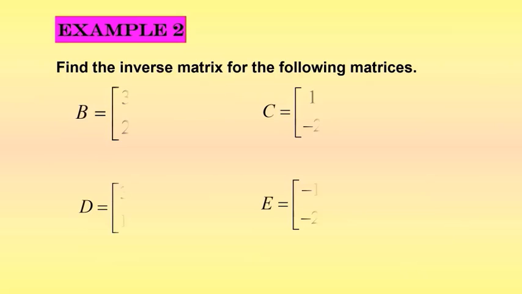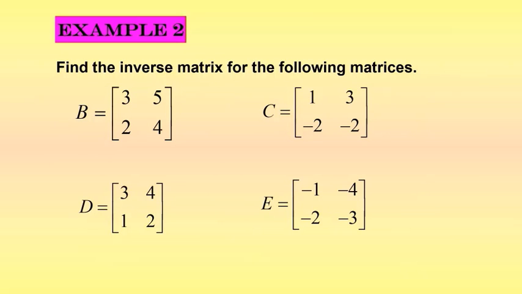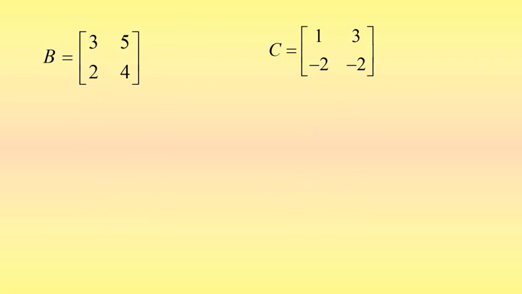Example 2. Find the inverse matrix for the following matrices. I will show you just 2 of them. First, we have matrix B = [3 4; 5 2]. First step, you have to find the determinant, which is AD minus BC.